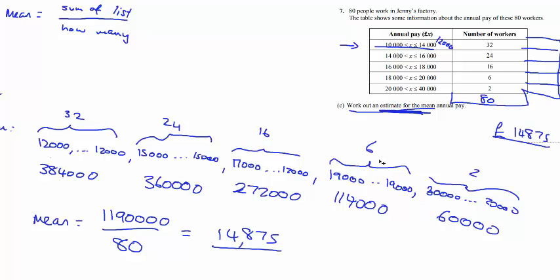And by the way, part B says explain why your answer to part C is an estimate, and all they're looking for is you saying you used the midpoints. It comes down to the fact that you don't actually know how much each person was paid, so you just use the midpoints. But midpoints is an important thing there. Okay, hopefully that makes sense.